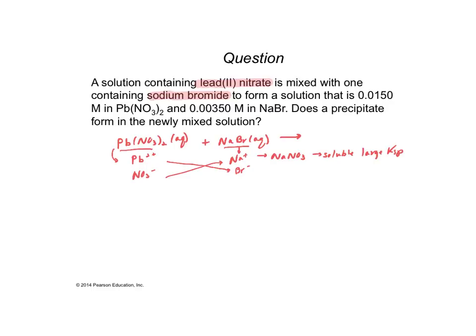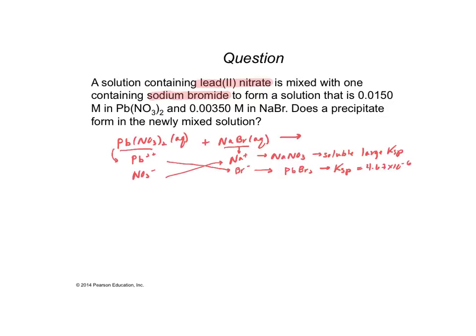So this would not be something that we would consider precipitating. But on the other hand, this guy, PbBr2, lead bromide, lead-2 bromide, is fairly insoluble. It has a KSP equal to 4.67 times 10 to the minus 6.